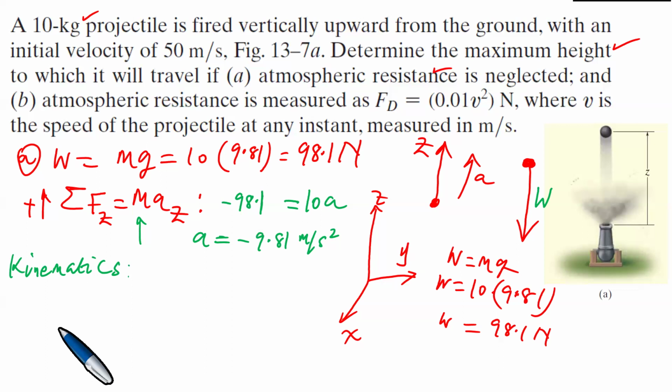So now we are just interested in finding the maximum height under the first condition, that there's no atmospheric resistance. So in the absence of atmospheric resistance, we would have exactly that. So yeah, we're good.